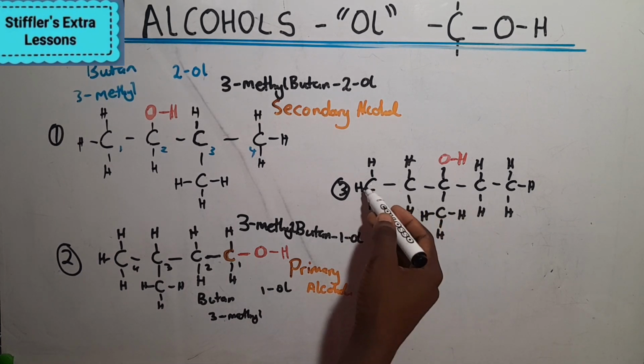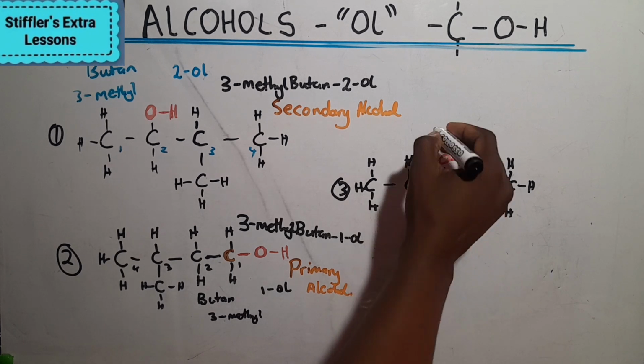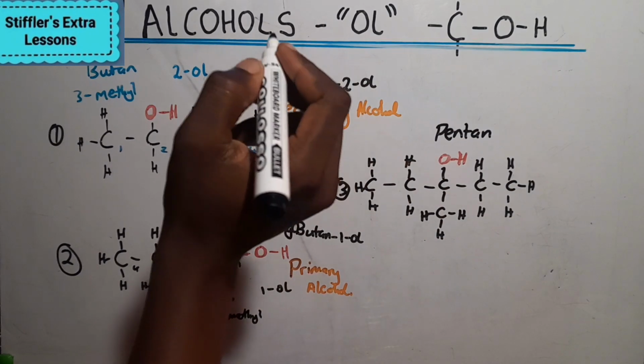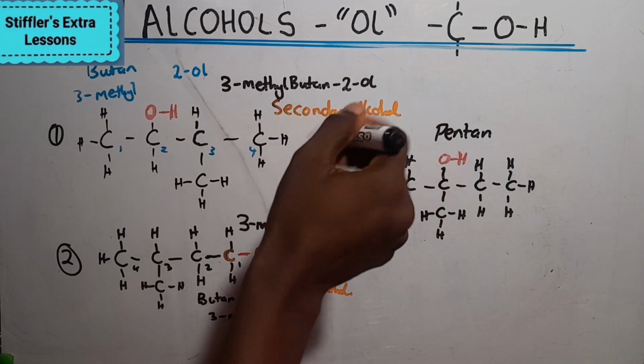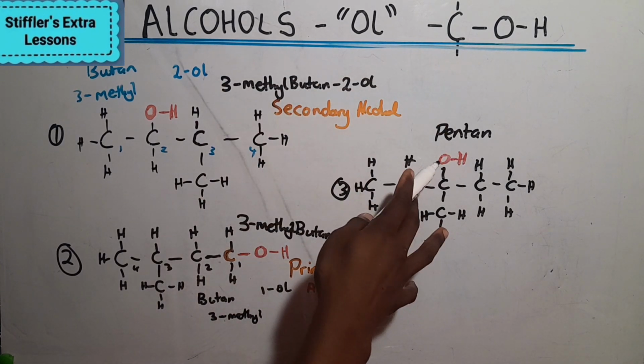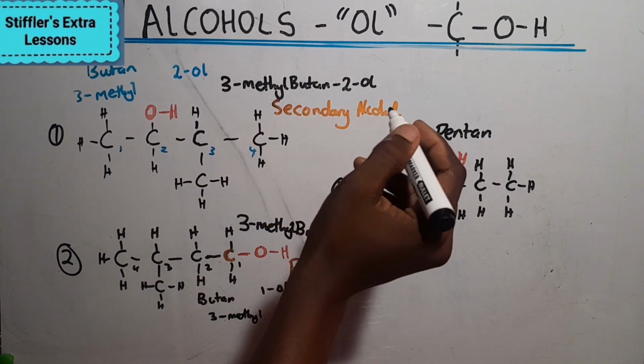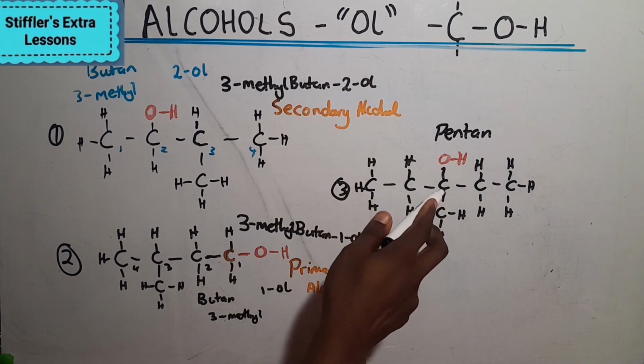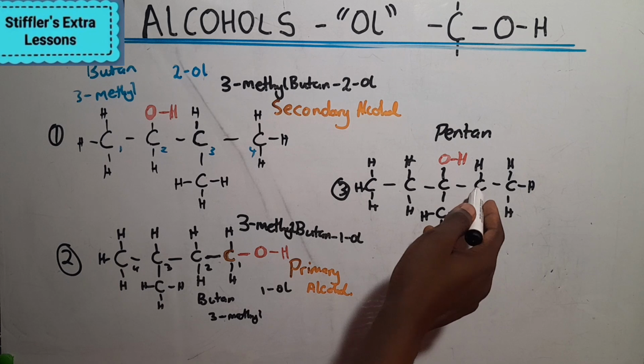So on this one, again, we are going to identify our longest chain. This longest chain has 5 carbons, so this is a pentane, right? And we can number the carbon atoms from the side that is closest to this hydroxyl. If we number from this side, that's 1, 2, 3. And from that side, that's also 1, 2, 3.